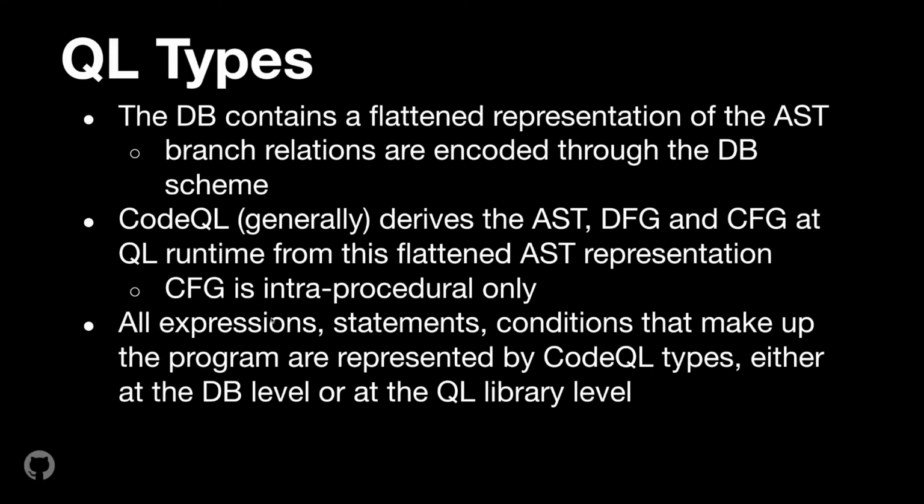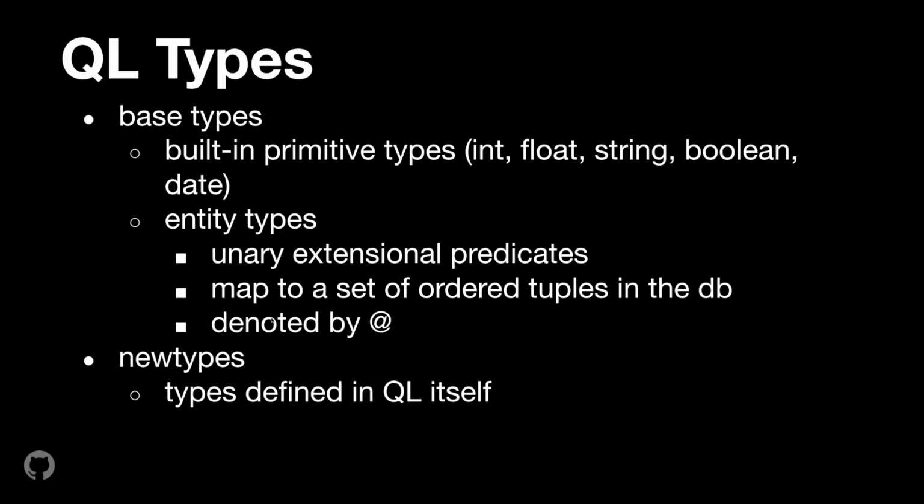So all the expression statements and conditions, these sets of values that make up the program in the database, are represented at the higher level by CodeQL types, either at the database level through entity types or at the QL library level through new types. So types break down into two main groups. You have your base types, which include the built-in primitive types like int, float, string, boolean, and date.